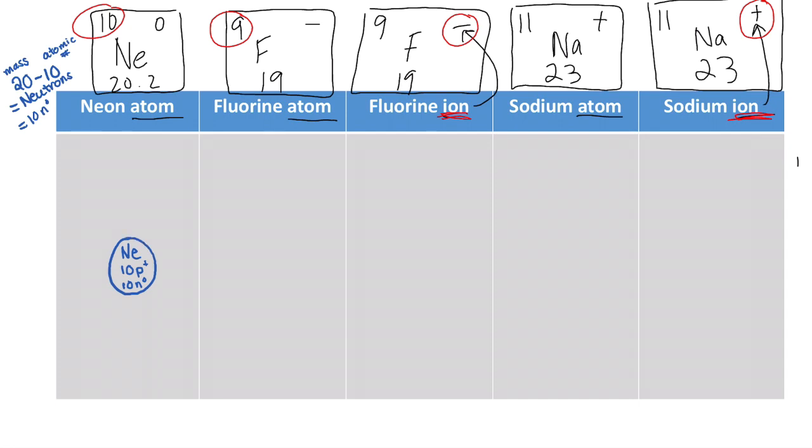Our nucleus is not our first shell, so we then want to draw one shell around it. This first shell contains 2 out of the 10 electrons, so we have 8 left over.